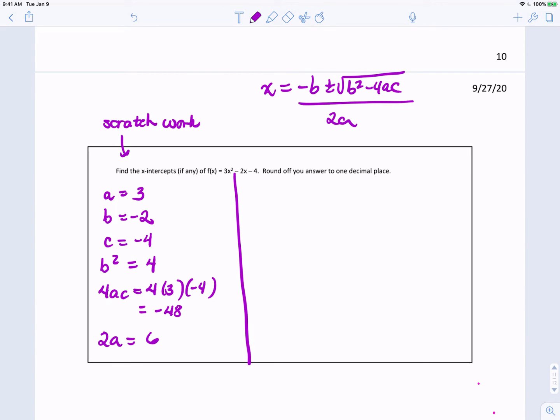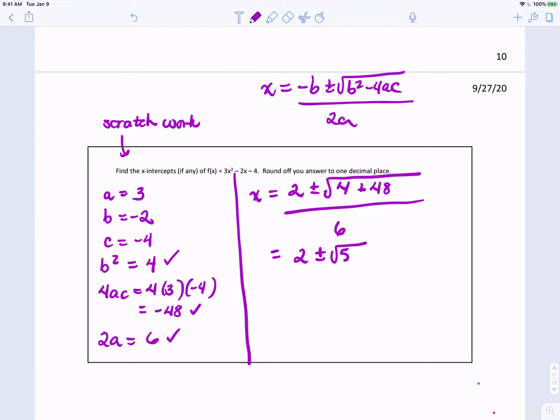With the scratch work, all I have to do is say x is equal to the opposite of negative 2 plus or minus the square root of b squared, which is 4, minus 4ac, which is negative 48, so that's plus 48, all divided by 2a, which is 6. In other words, 2 plus or minus the square root of 52, all divided by 6.